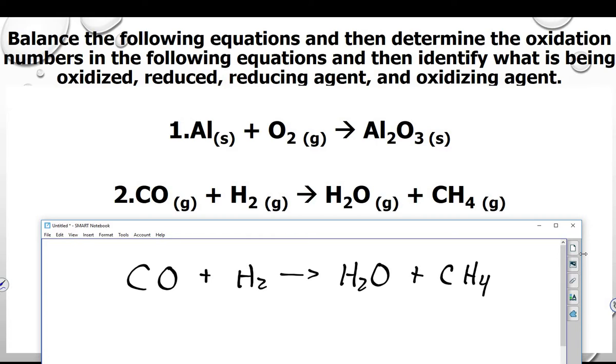Okay, I'm going to do it slowly up here, so if you get stuck, you can do it with me. So balancing that should have been easy, right? Okay, now do the charges. If you haven't done the charges, do the charges.